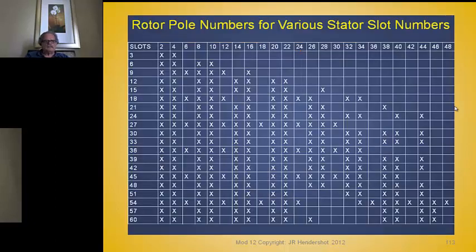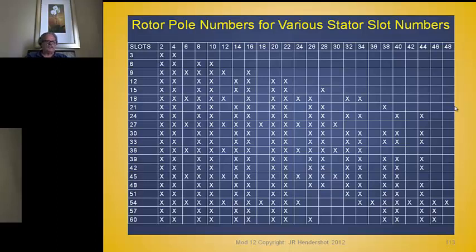Here we have slots on the vertical, and that has to be divisible by 3 if it's 3-phase, divisible by 4 if it's 4-phase, or 2 if it's 2-phase, but 3 for the 3-phase. And across the top we have the number of poles. Since poles have to be in pole pairs, the number of poles has to be divisible by 2. So every place you have an X, you have a possibility for a balanced winding.